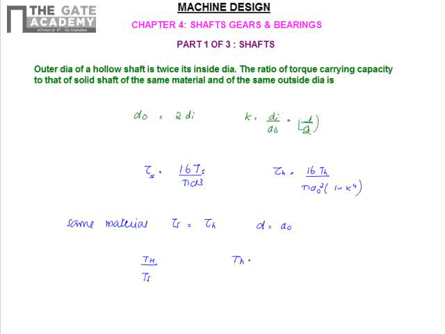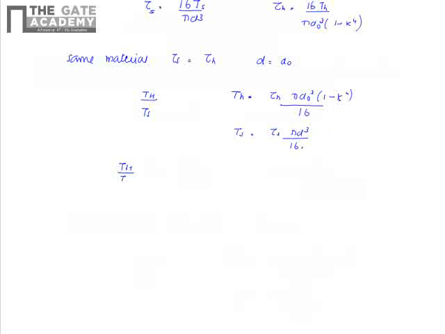So T hollow will be given as tau h into pi Do cube into (1 minus k raised to 4) by 16, and T solid will be given as tau s into pi d cube by 16. Therefore Th by Ts will be given as 1 minus k raised to 4.